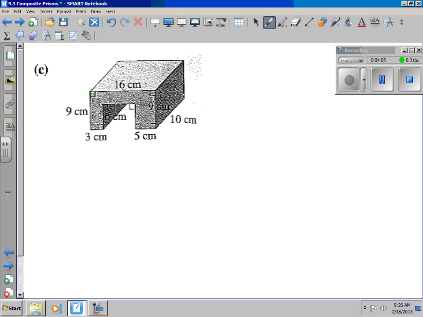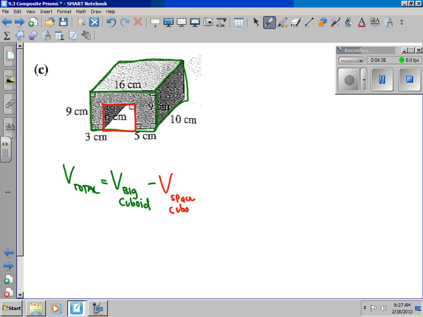So find the volume of this big block, the whole thing, and subtract what, Lena? The empty space that's in the middle of it. The space cuboid, we'll call it.